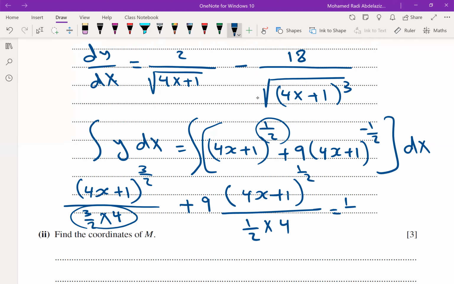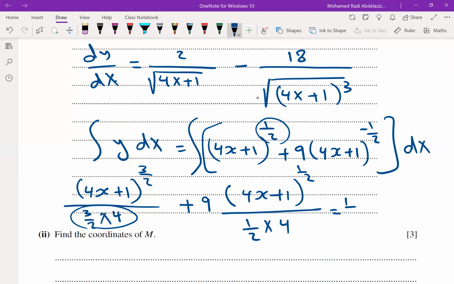Now look at part 2, find the coordinates of M. It's given M is minimum, so it means the derivative is equal to 0 at this point. By using the derivative of this function, set it equal to 0 and solve the equation to get the values of x.